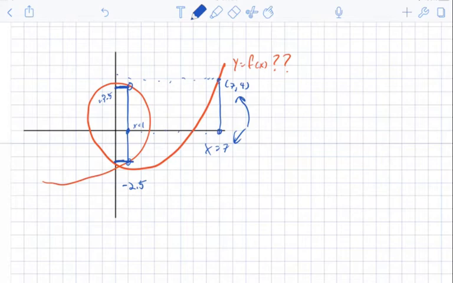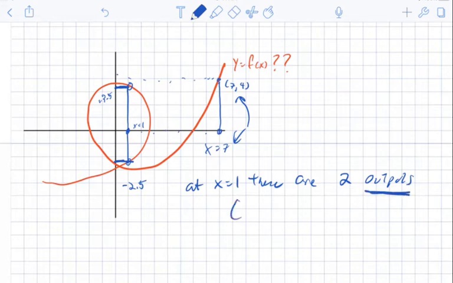Remember that the thing that made a function was that you weren't allowed to have 2 outputs for any one input. So the answer is ambiguous. The output is ambiguous. So it's not a function.